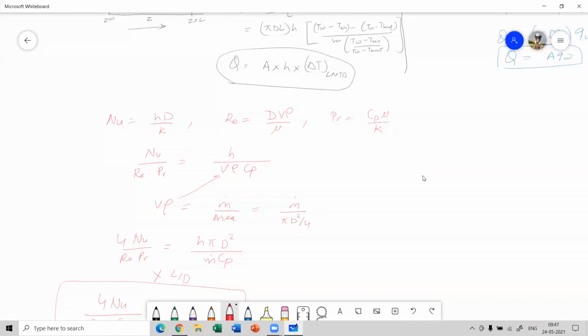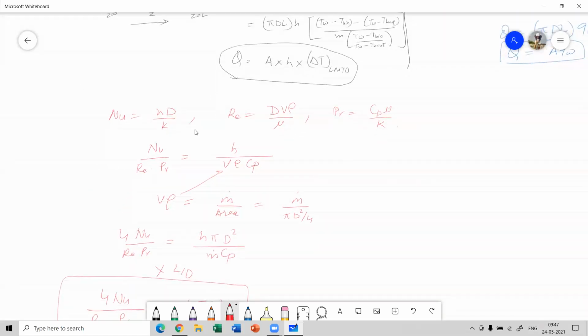Now we were discussing that you can also convert these standard relations or the temperature profile in terms of dimensionless numbers, that is Nusselt number, Reynolds number and Prandtl number. Now there's a very simple thing which you must have studied in your heat transfer. Can you tell me the value of the Nusselt number when we have constant wall temperature conditions and when we have constant heat flux conditions?